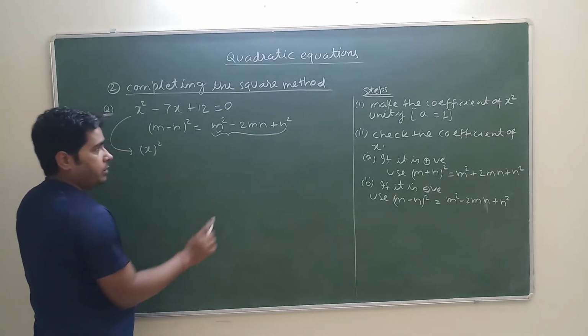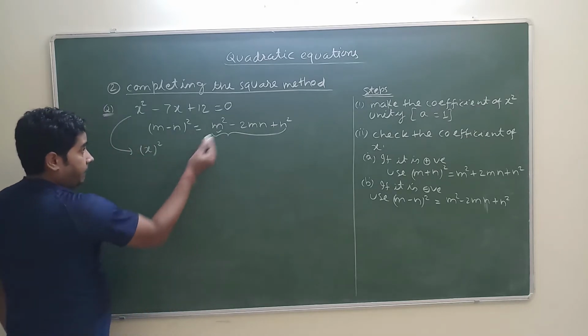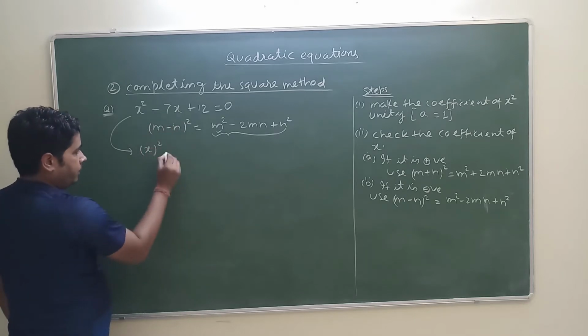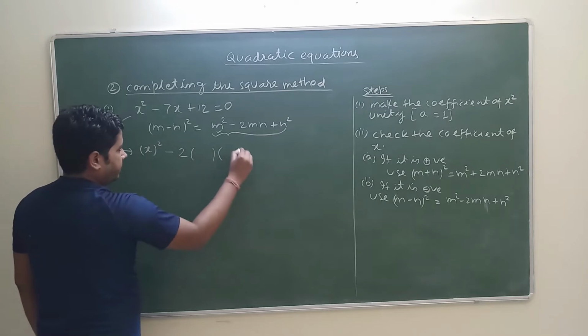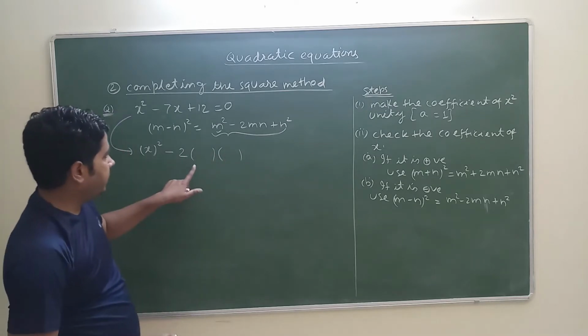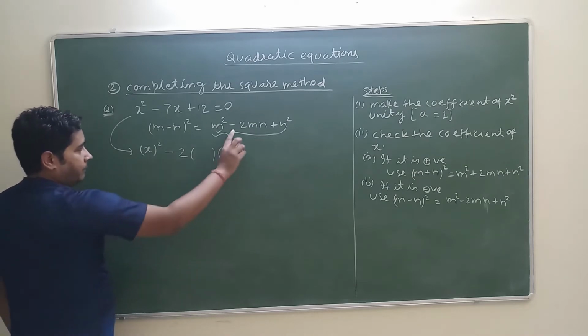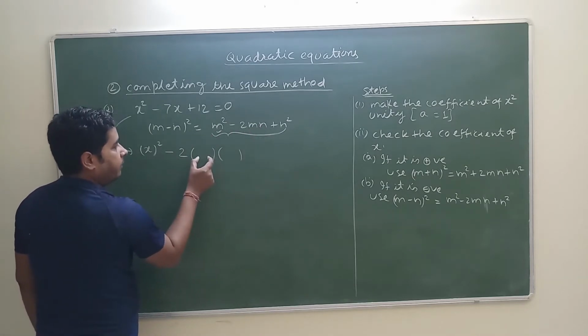Now let's focus on the middle term. As we already know, this will be in the form of 2 into m into n, and minus 2 into m into n, because the coefficient of x is negative. So write 2, now this m and this n. This will give me this term. Okay? So concentrate here. I have written minus 2 as it is. Now this m and n will be written here.